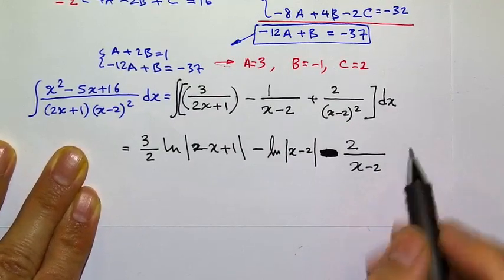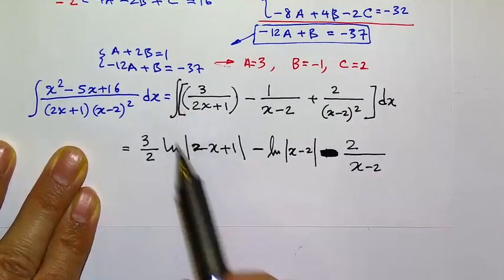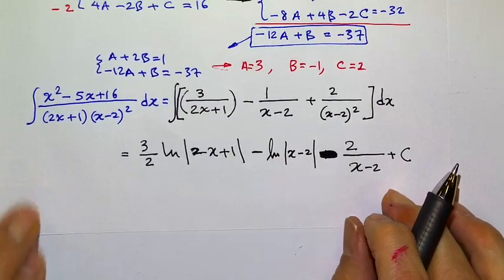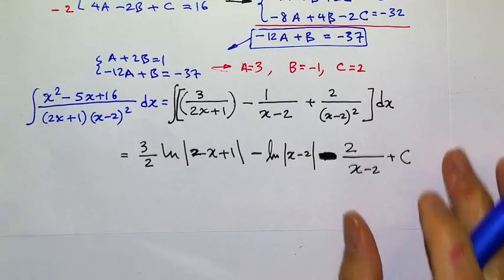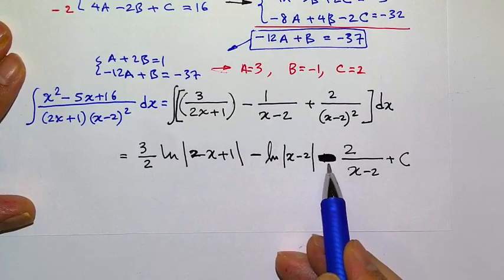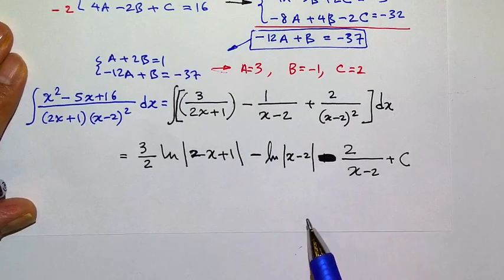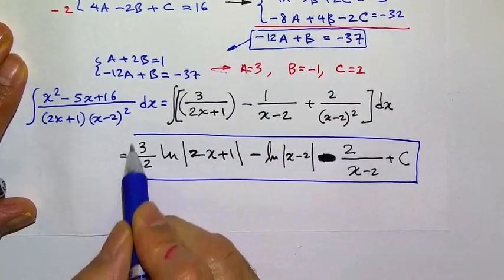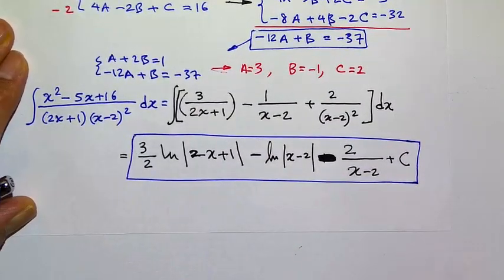And of course, because this is an indefinite integral, we should have a plus c at the end for the constant, right? So I'll try to fix that. It should be just a minus. Okay, like that.